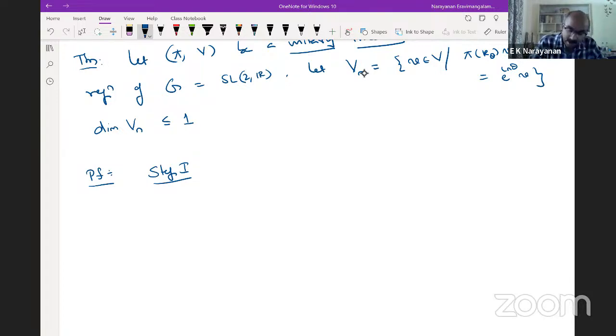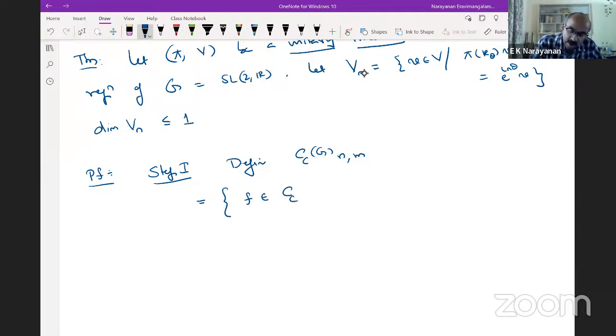So step 1, define C_c(G). So G is SL2R, C_c(G) is all continuous functions with compact support. So I'm going to put subscripts n and m here, okay, to denote the collection of all those functions which transform according to the nth character of K on the left and the mth character of K on the right. Okay, so it's a bit cumbersome and slightly technical.